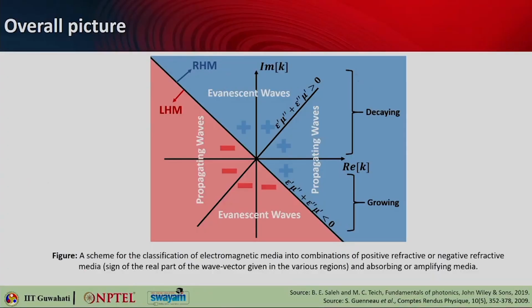So all this information you can obtain from this particular graph, which is a plot between the real part and the imaginary part of the wave number. If you remember from the previous lecture, how do we realize this kind of negative handed or left handed metamaterials?